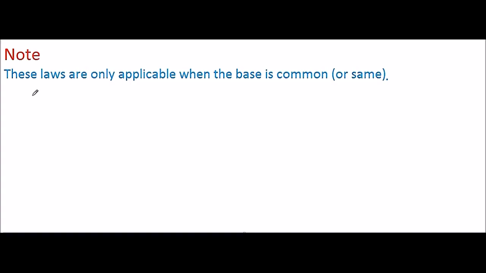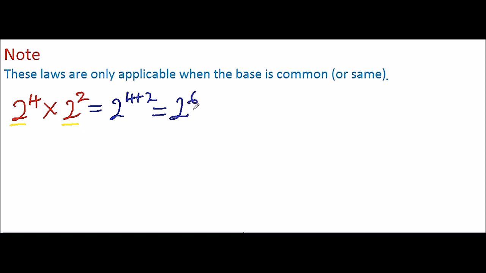Now that we know the three rows of indices, it is important to note that these rows are only applicable when the base is common or the same. For example, if we have 2 to power 4 multiplied by 2 to index 2, then 2 is the base, and therefore we can apply the first row of indices, which gives us 2 to power 4 plus 2, equal to 2 to power 6.